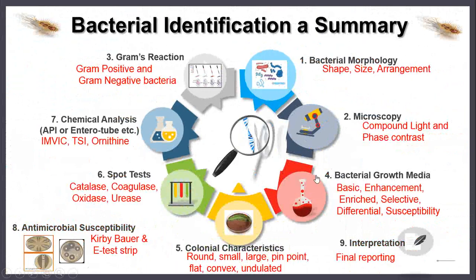With this, I just summarized what we normally do. When we go into the details of each and every single step, there are a lot of things that we can understand, especially with reference to the bacterial growth media and their requirements in different types of culture, because every single bacteria has a variety of other requirements also: their required temperature, their humidity requirement, their pH requirement, and their carbon dioxide and oxygen requirements.